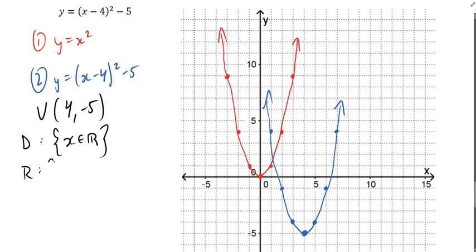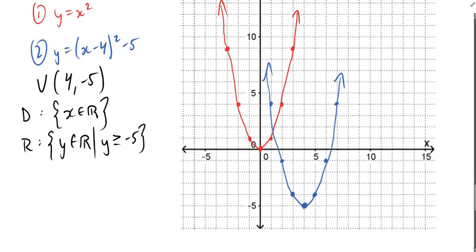What's the range? y is an element of the real numbers such that y is greater than or equal to negative 5. What's the axis of symmetry? x equals 4. It has a minimum of -5.